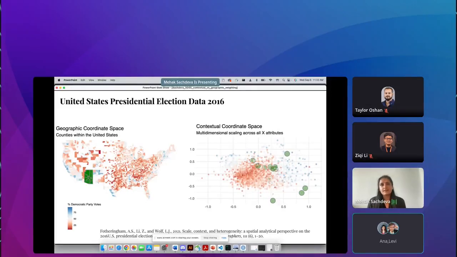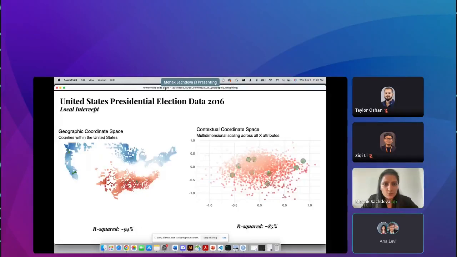And on the right-hand side, I define this new coordinate space, which is based on the similarity across these X attributes that are used in this paper, which include sex ratio, percentage of Hispanic population, percentage of African American population, education, income, and so on. And across these X attributes, which counties tend to be similar versus not.